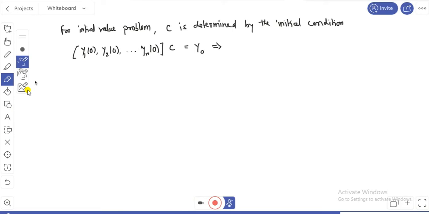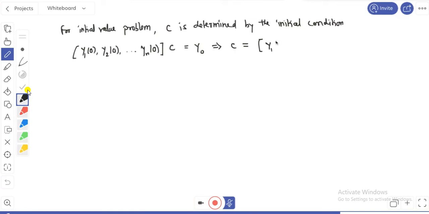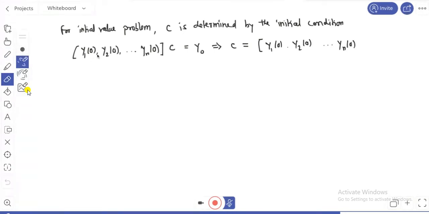So this implies c, the column vector c, equals y10, y20, and up to yn0. Here there is no need of this, because this is a column.